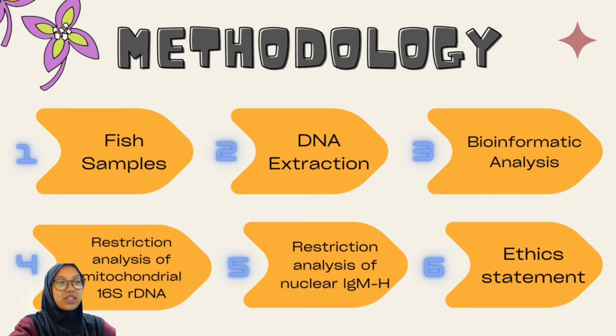Restriction patterns generated from each restriction endonuclease were given letter designations alphabetically according to their appearance. The composite PCR-RFLP patterns were constructed from combinations of restriction patterns of 16S rDNA and LDH. And the last step is the ethics statement.